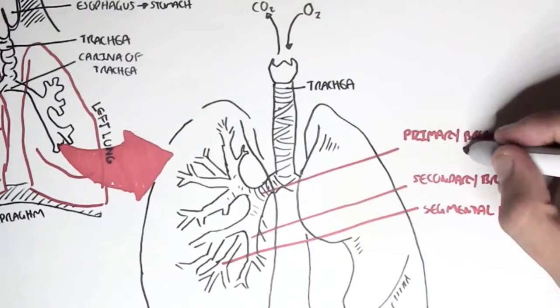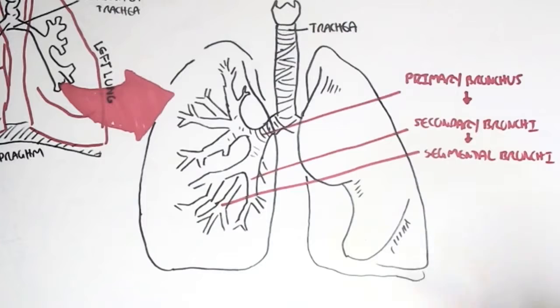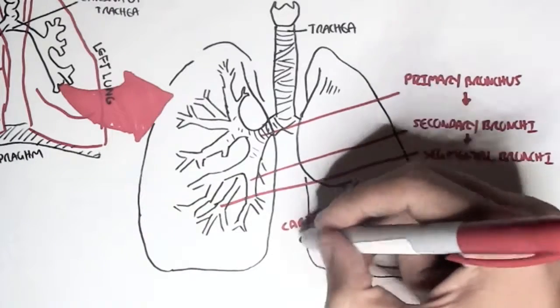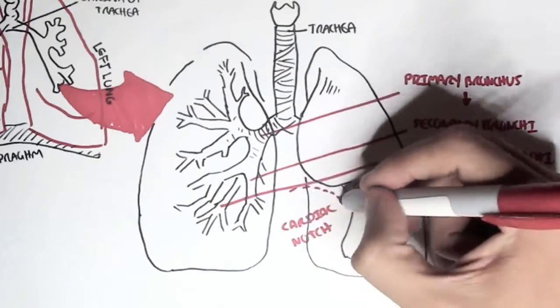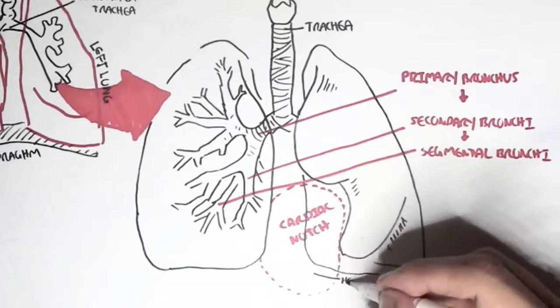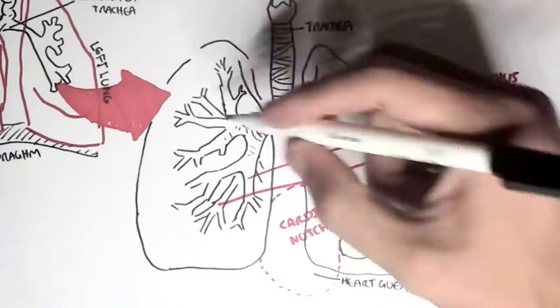Now, let's stop there for a second and look at this area here on the left lung. As you can see, the left lung has a bit of space here. This space is known as a cardiac notch. And if you know what cardiac means, it relates to the heart. And so this is actually where the heart is positioned in our body.